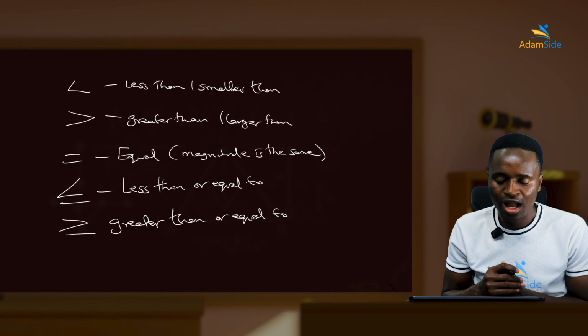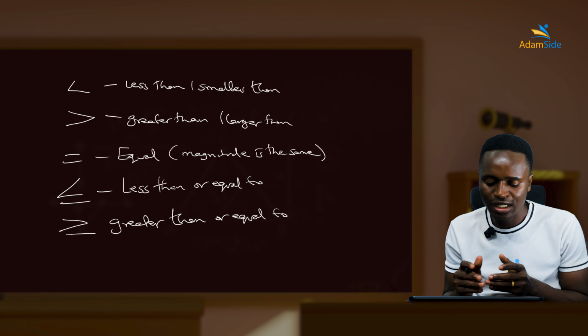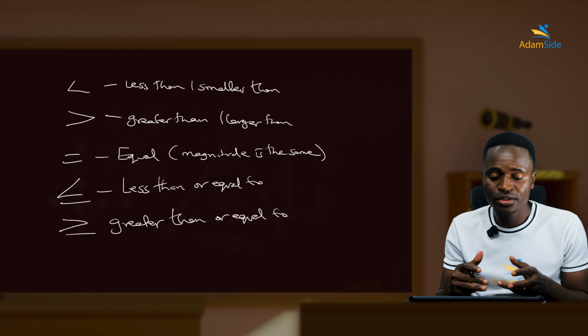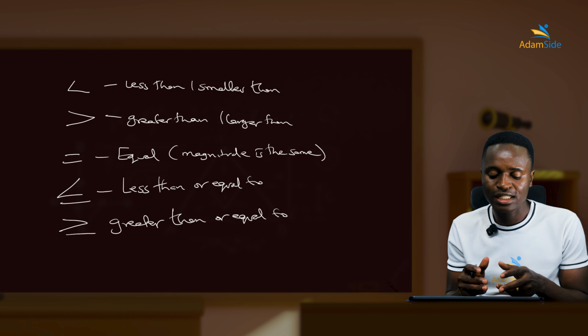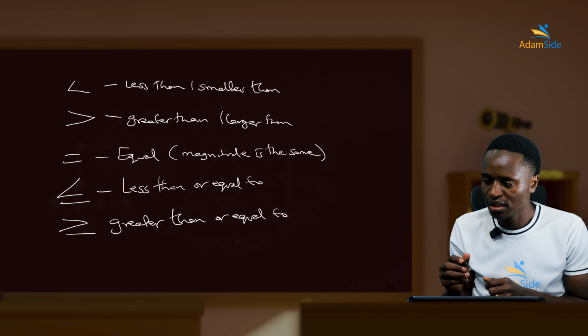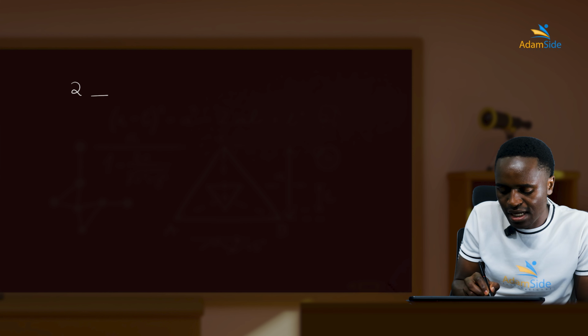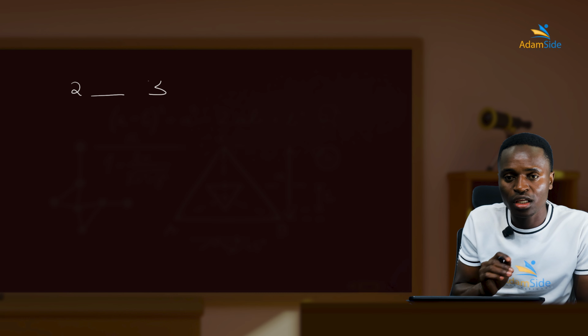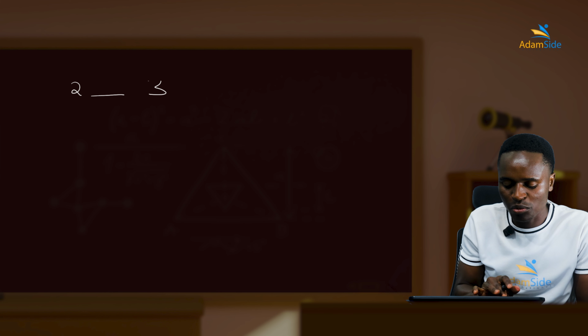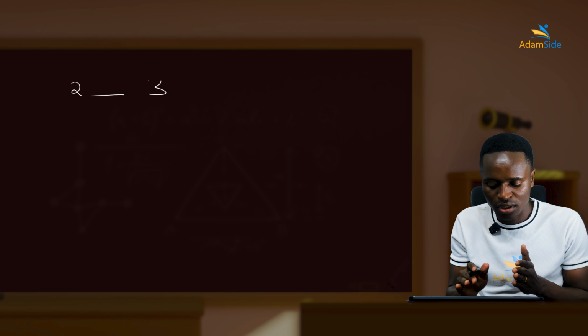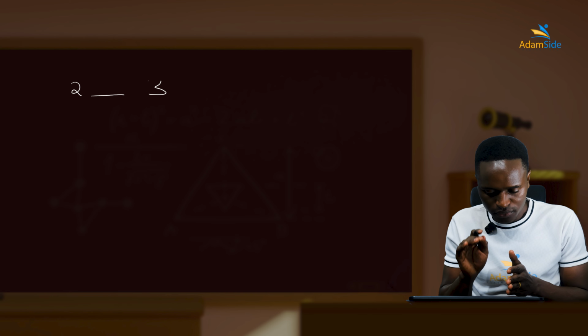Now, how do I incorporate these symbols in understanding comparison? If you're doing core math, maybe you need to understand what is less than and greater than. I'll go by comparing numbers. Let's say, for example, 2 and 3. If you compare between 2 and 3, which one is bigger? 2 is smaller. So you start reading from your left, going to the right.